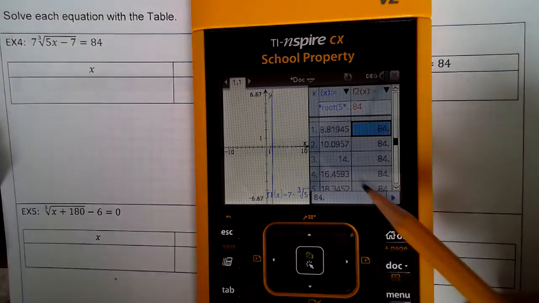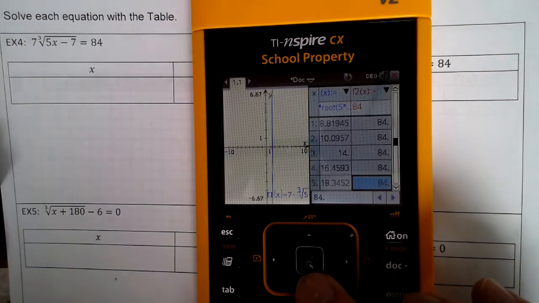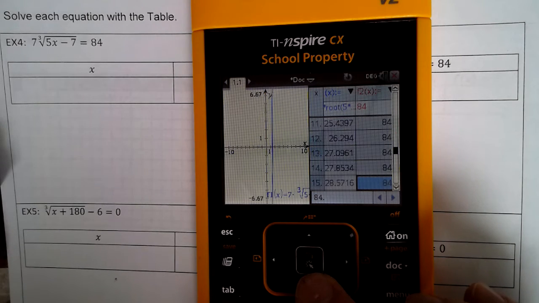Now you can see here that the left side numbers are getting bigger and bigger. And it looks like getting closer to 84. So we're going to keep going and see if they are at any point equal to 84. So you can actually hold down the cursor and move faster.